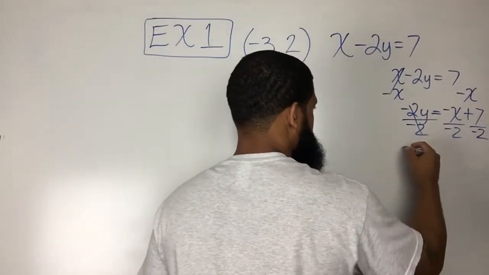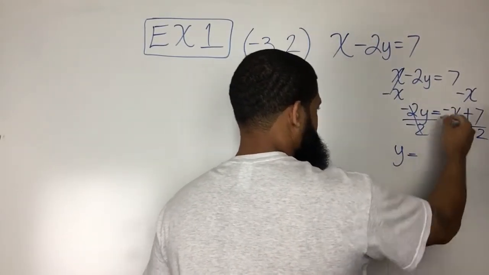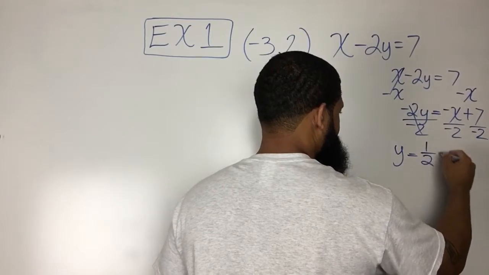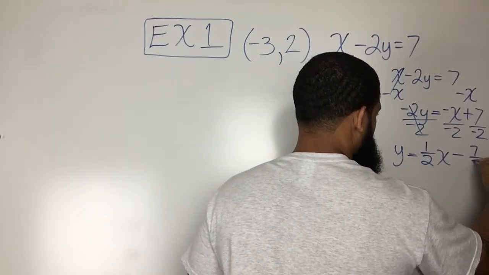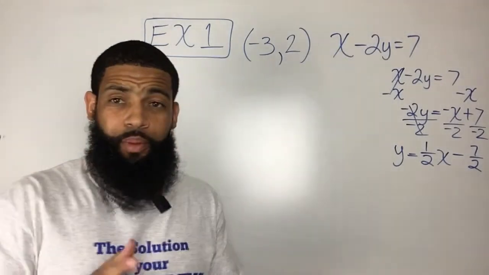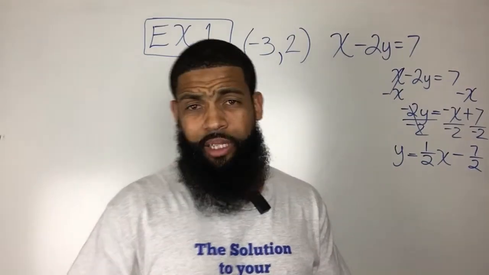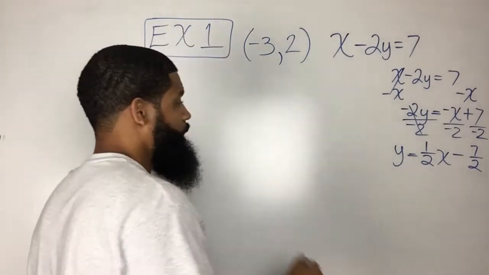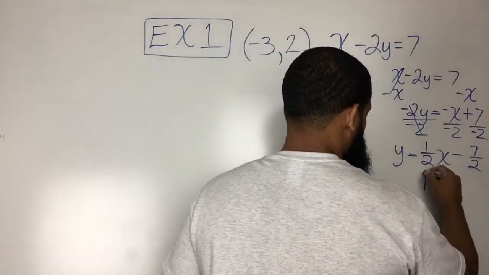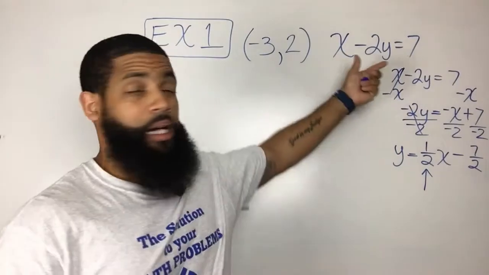So now those cancel, so I get y equals, a negative divided by a negative, which is positive 1/2 x, and then minus 7 over 2. We could say plus negative 7 over 2, but remember, by definition, subtraction is nothing but adding the opposite of a number. So we now have the slope of the line that we are trying to write a line perpendicular to.